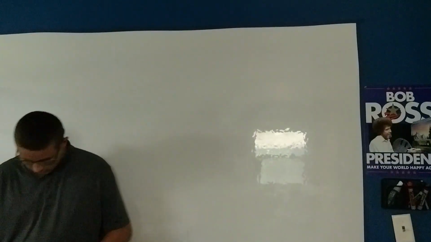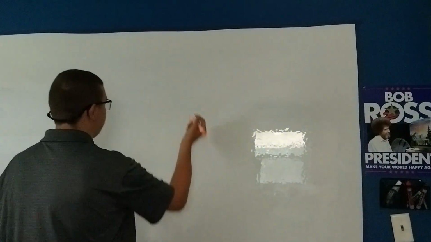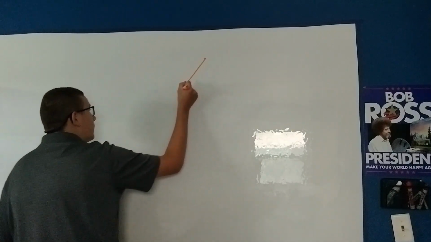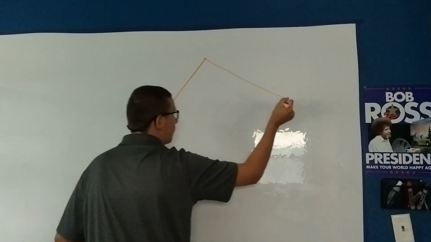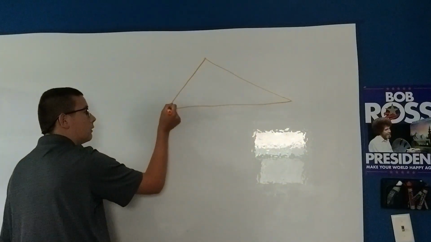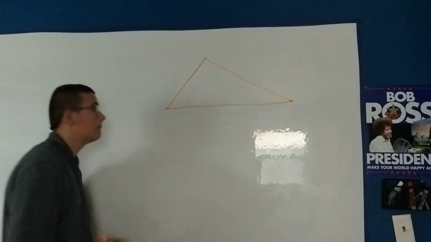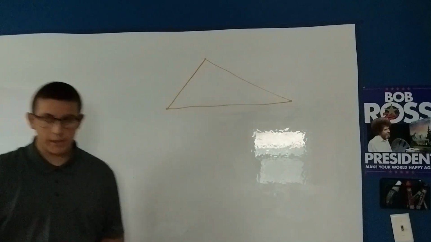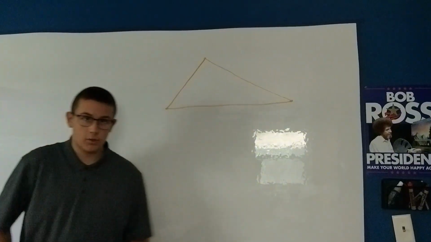Like that marker. Okay. If we have a triangle here, like this, there's our acute triangle, and we want to take the mid-segments of this triangle.